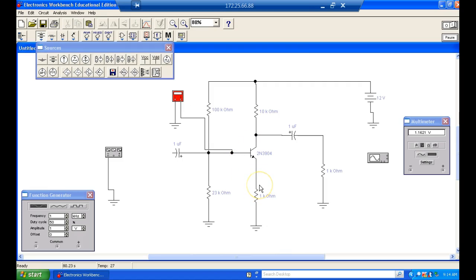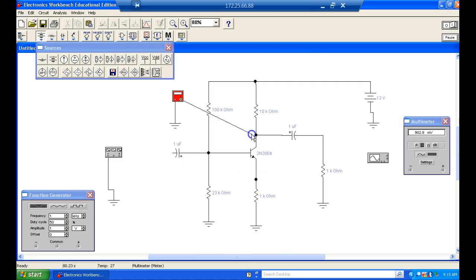So, y'all get me confused. So we want 600 millivolts right here, right? What's that? So this guy right here is sitting at 902 millivolts. So we got that exactly where we want it.